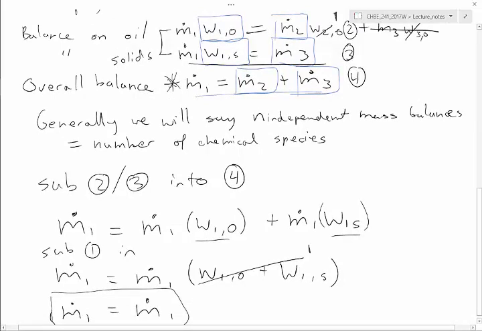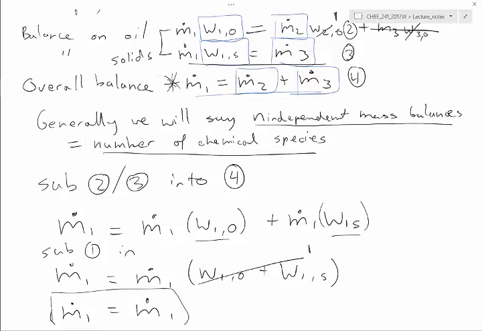So we're going to assume that the number of independent mass balances is going to be equal to the number of chemical species. There are a few exceptions to this, but we're going to see how we can spot those. For now, in these cases, we see that when we sub in two of these equations or add them together, we get this third equation.